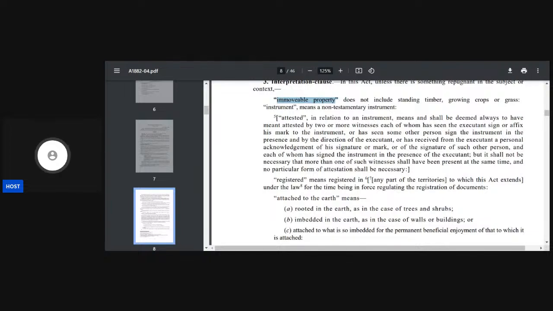Please write in the comment section what are the things attached to earth. Please write it down, students.